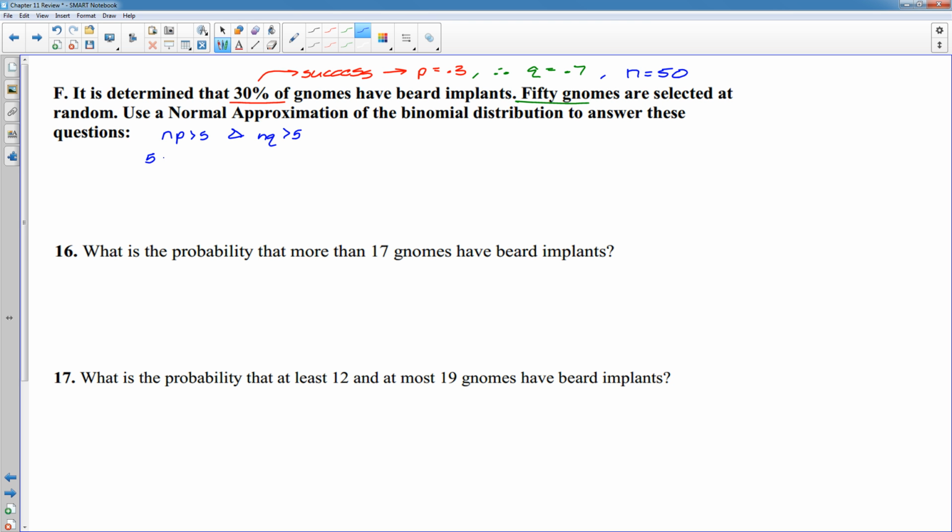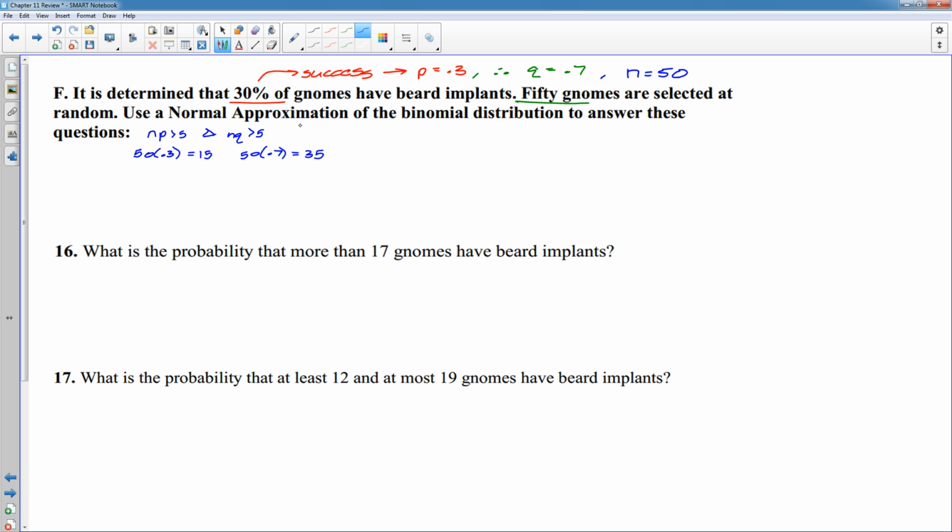N is 50 times 0.3, and when you punch that in the calculator, you will get 15. And N is 50 times Q, which is 0.7, and when you punch that in, you will get 35. Both of those are larger than 5, which means it's okay to continue and do a normal approximation with this situation.